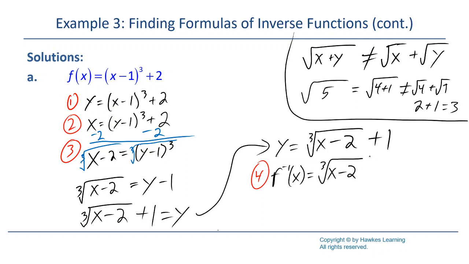Now, if you're worried about confusing whether this plus 1 goes under the cube root, you can always just put it as 1 plus the cube root of x minus 2. That also works. But now we've actually solved this one out, and we now know our inverse.